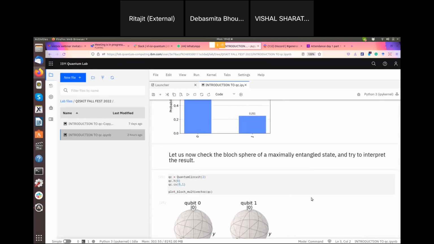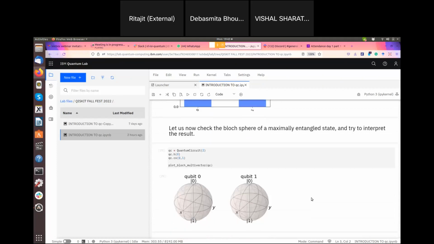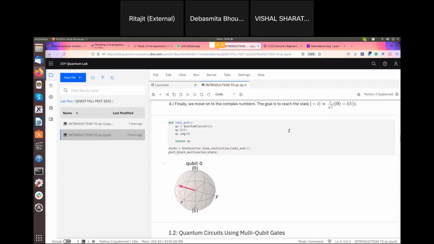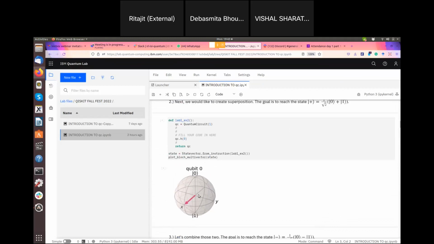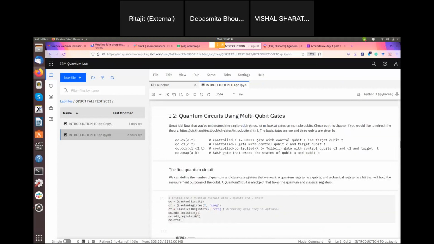Now, this is a food for thought for all of you. Suppose we have a maximally entangled state. Now, what is a maximally entangled state? It is a Bell state. So, Bell states are maximally entangled states. Now, let's consider a Bell state and check the Bloch sphere of a maximally entangled state. Previously we have seen some Bloch spheres, right? Some arrows. We are seeing whether it is qubit 0 or qubit 1 or something else.